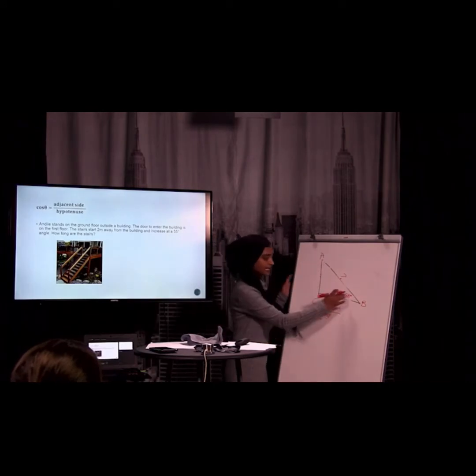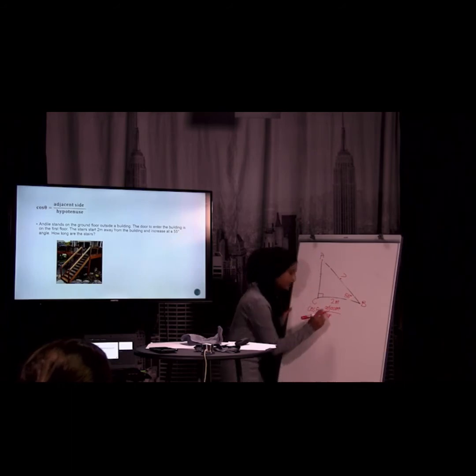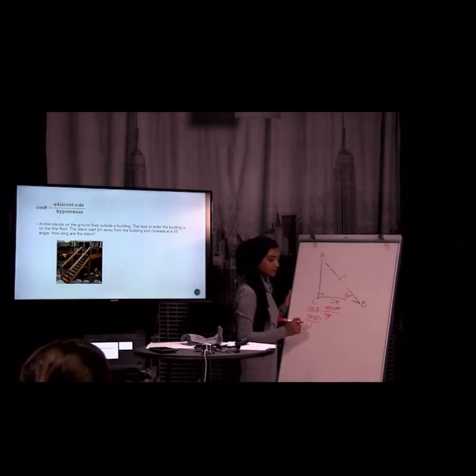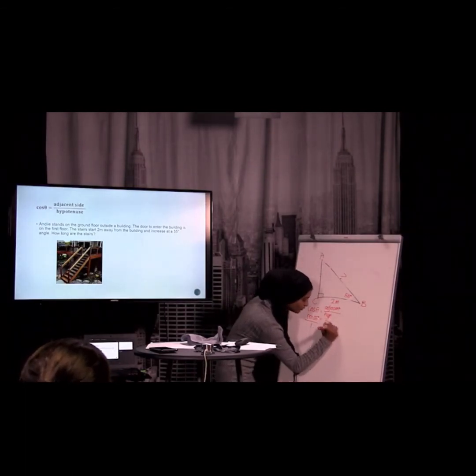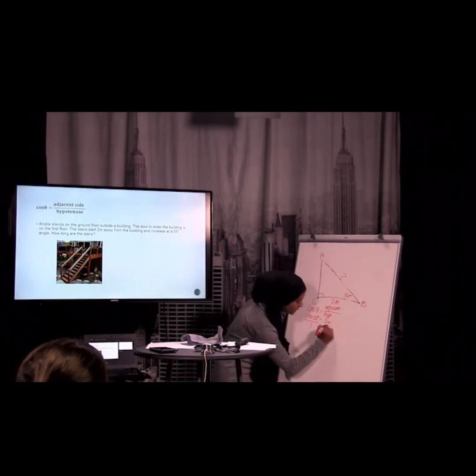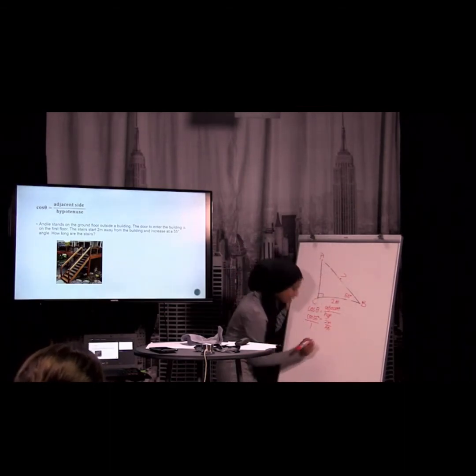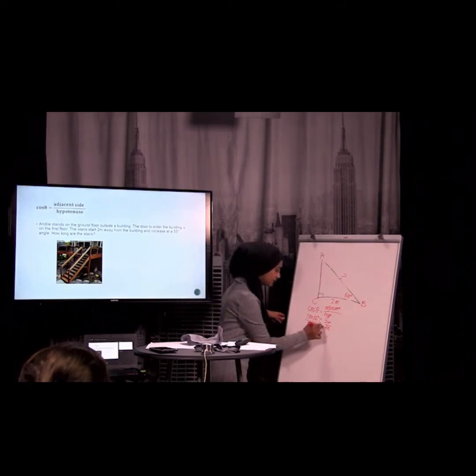So if we are standing at 55 degrees, cos 55 degrees over 1, what is the adjacent side? BC, which is 2 meters. 2 meters over what is the hypotenuse? AB. We don't know, right? So now we're going to do what again? Cross multiply.